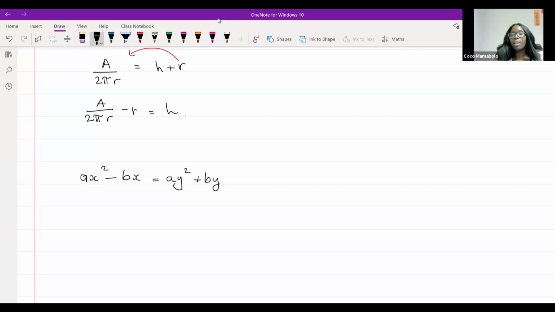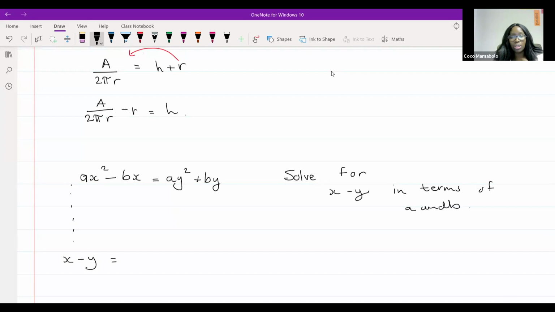But now, the instruction says solve for x minus y in terms of a and b. That's the instruction. So we want our answer at the end to be x minus y equals something.